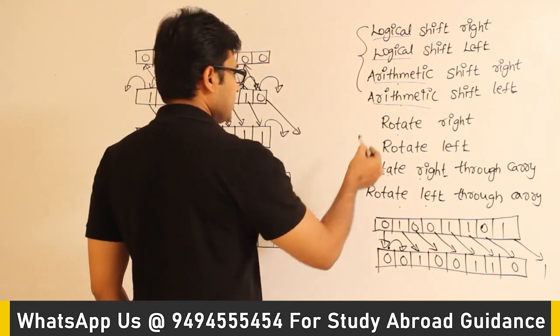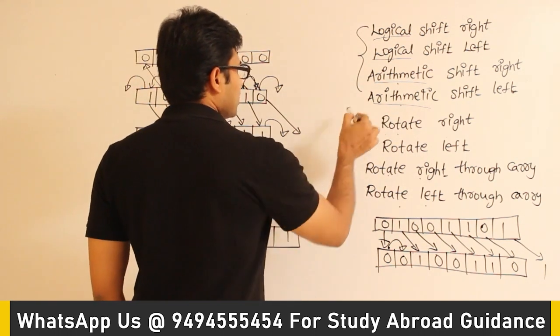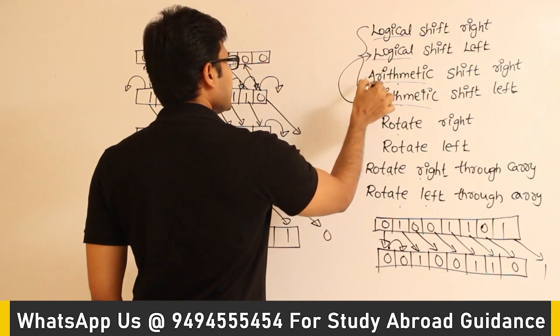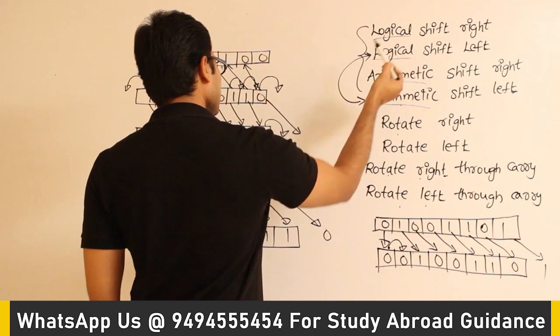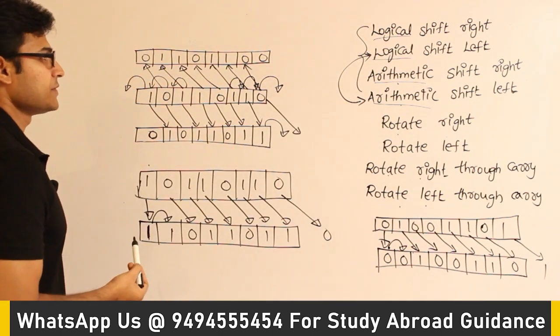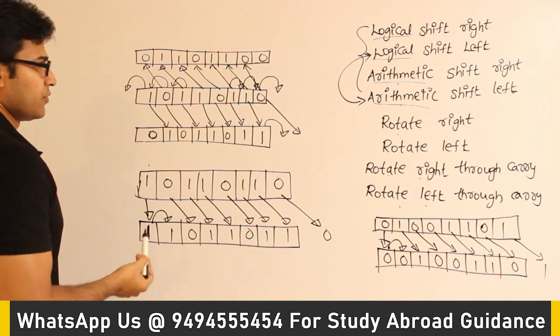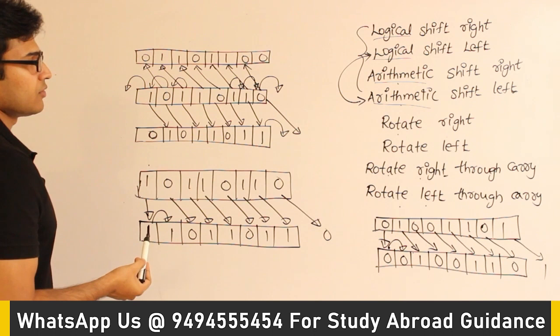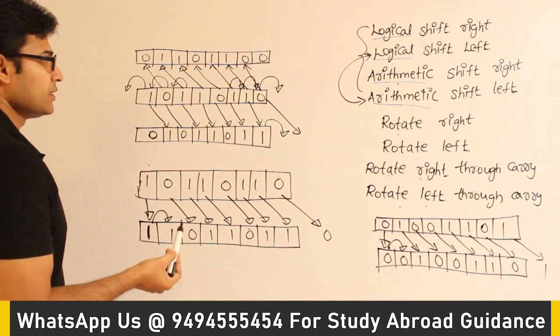And now if you see this, arithmetic left shift and logical left shift both are equivalent. Whatever we did in the logical left shift, the same thing happens in the arithmetic left shift as well. Therefore, in many computers we don't have two different hardware circuits implementing these two.